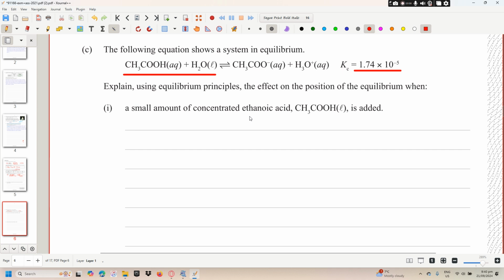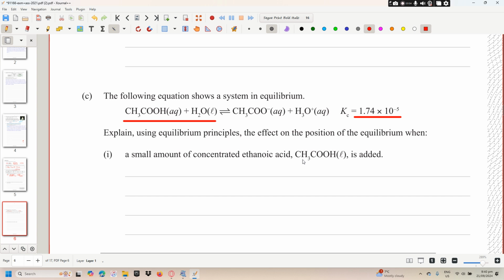Anyway, a small concentration of concentrated ethanoic acid is added. Okay, so this is put in. You're going to increase the concentration of the reactants.